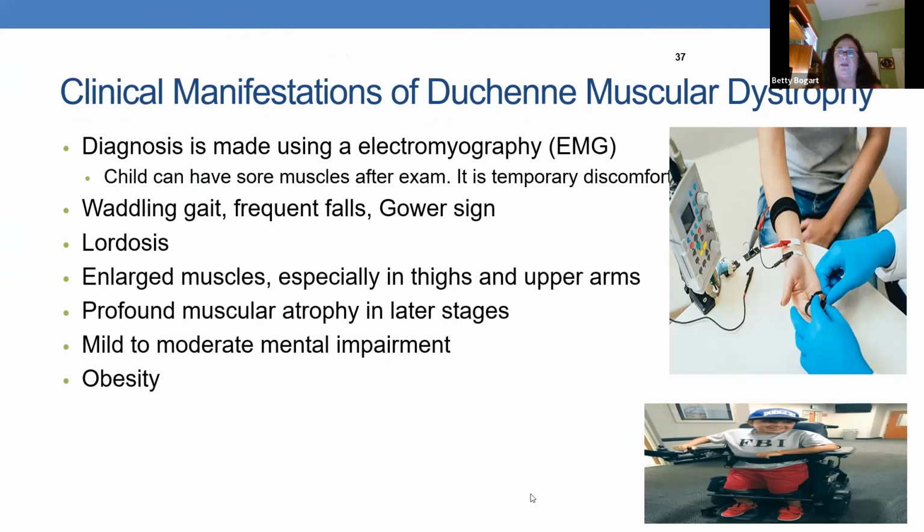Now, Duchenne muscular dystrophy is inherited from mom. It's an X chromosome that causes it. So if they have one child with Duchenne, and usually they're boys, they could have another child with Duchenne. Usually we don't find these till the kid's about 3 years old.